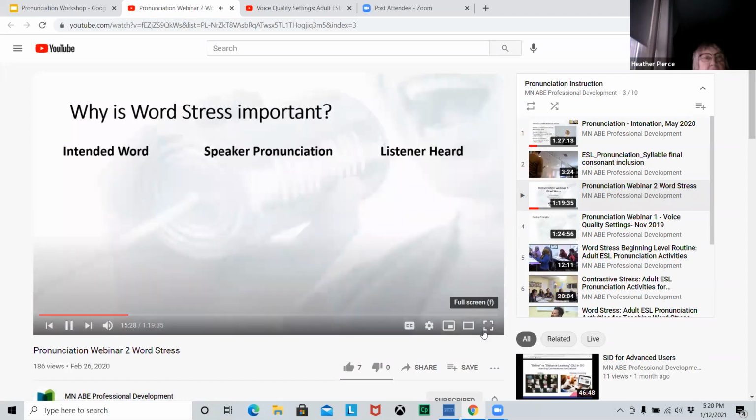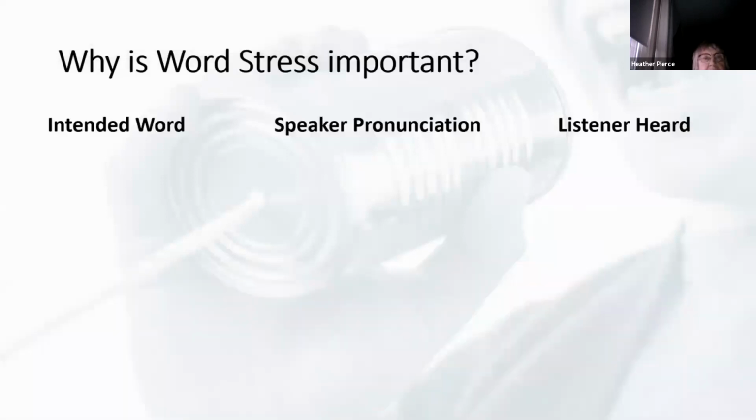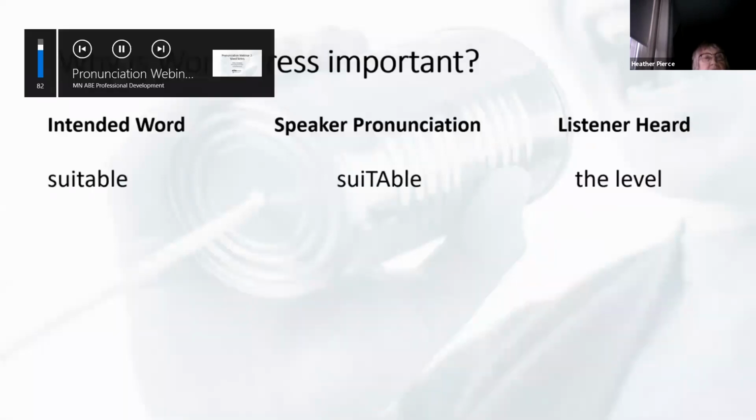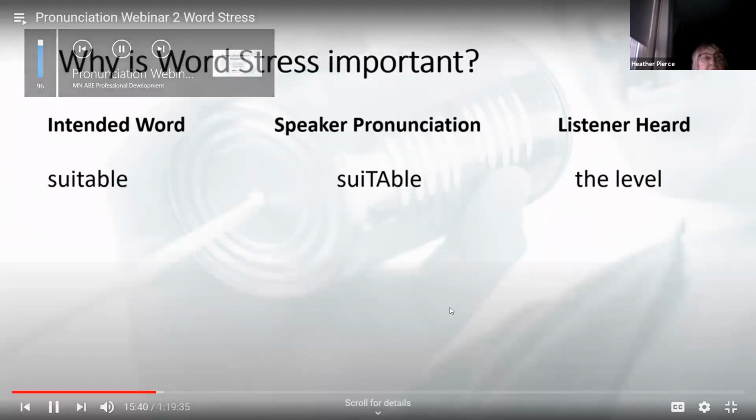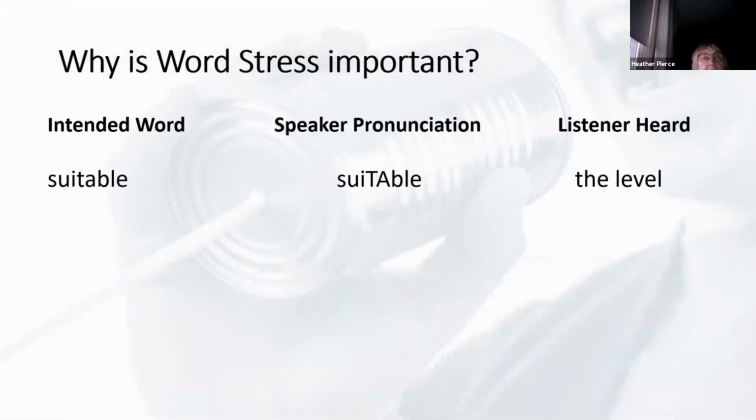Found that often people will hear a completely different word. So for example, they did a study where they had someone who is a non-native speaker of English say the word suitable. They meant to say the word suitable, but they pronounced it differently, and the listener heard "the level." Or they meant to say the word written, and they pronounced it differently, and the listener heard "retain."